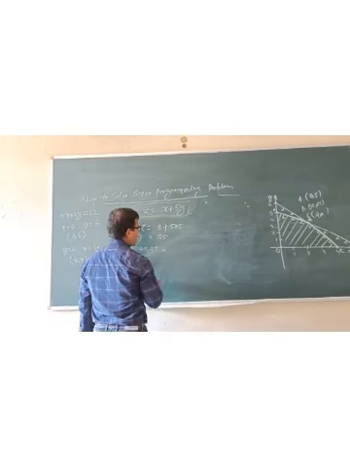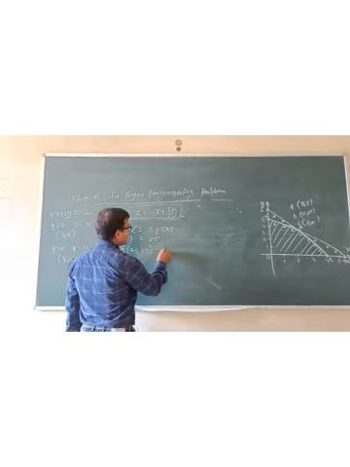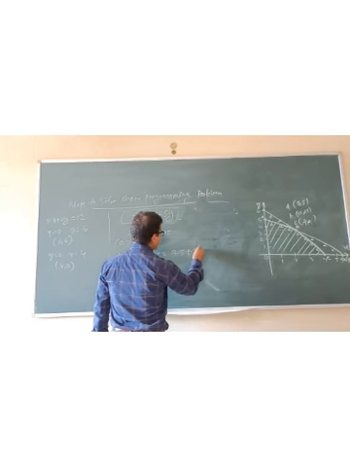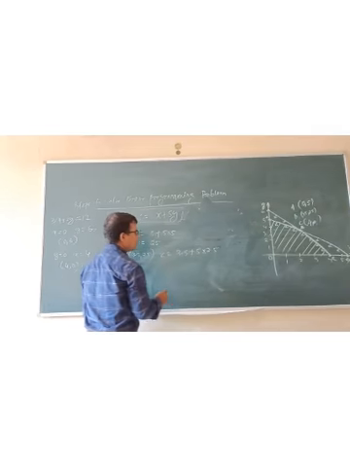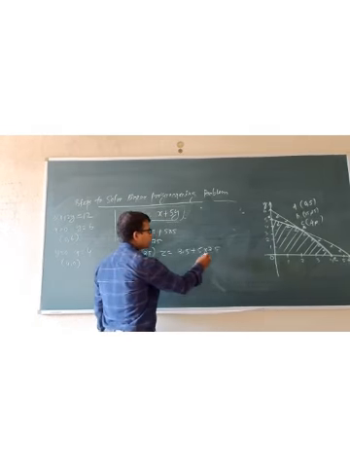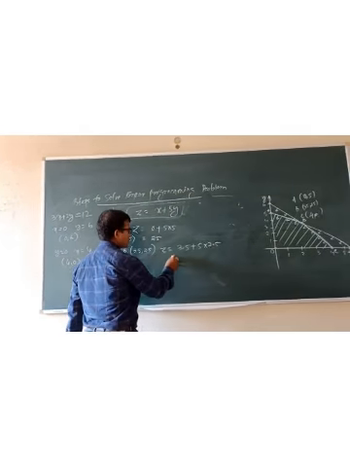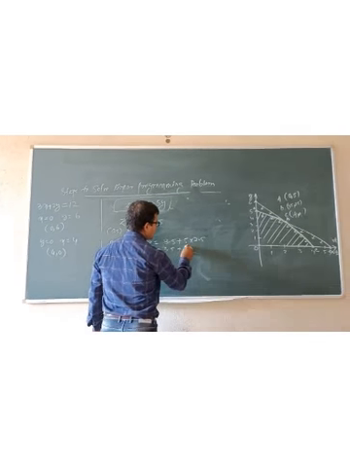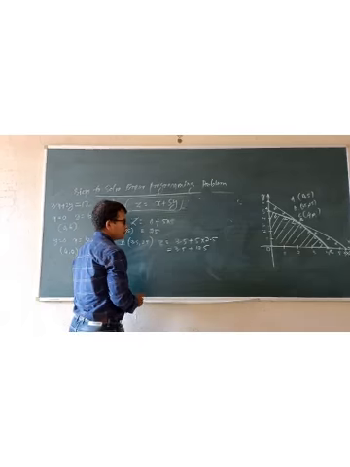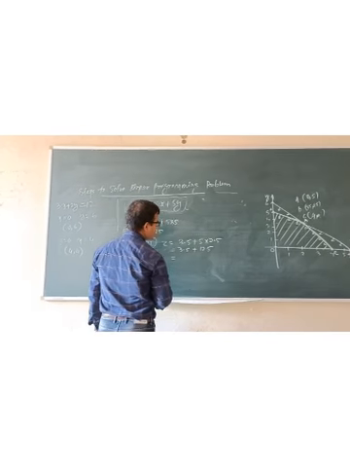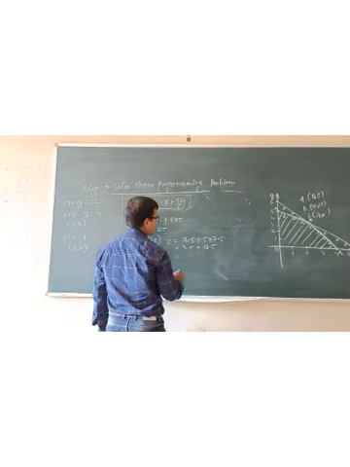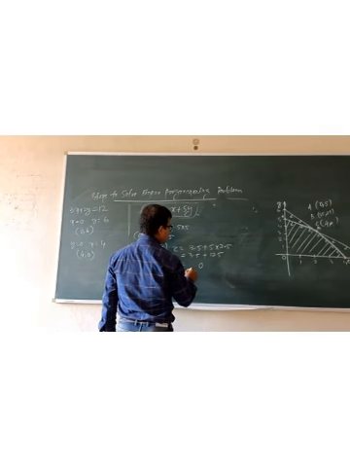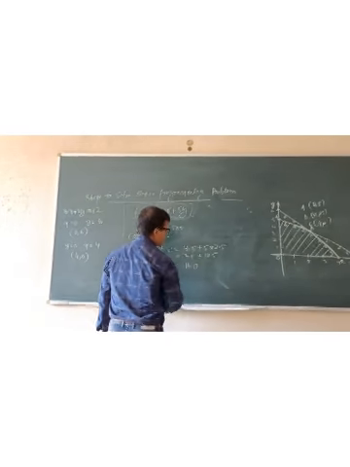You have to put the value in z. z equals to x, that is 3.5, plus 5 into 2.5. 5 into 2.5, what is the value of this? 12.5. Okay. The answer will be 16.